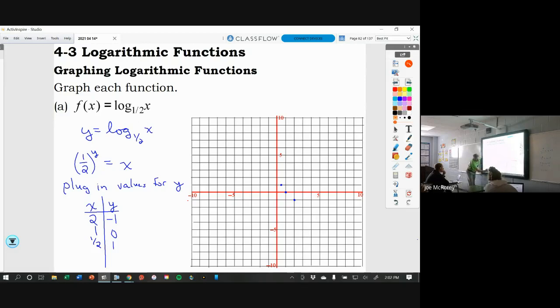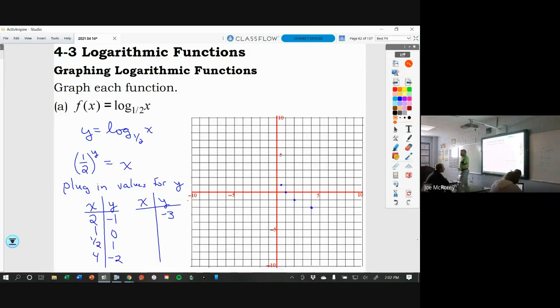Let's plug in a y value of -2. I now have 1/2 to the -2 power. The negative means reciprocal. The reciprocal of 1/2 is 2, so I have 2 squared, which is 4. I'll plot the point 4, -2. Let's try -3. 1/2 to the -3rd power.